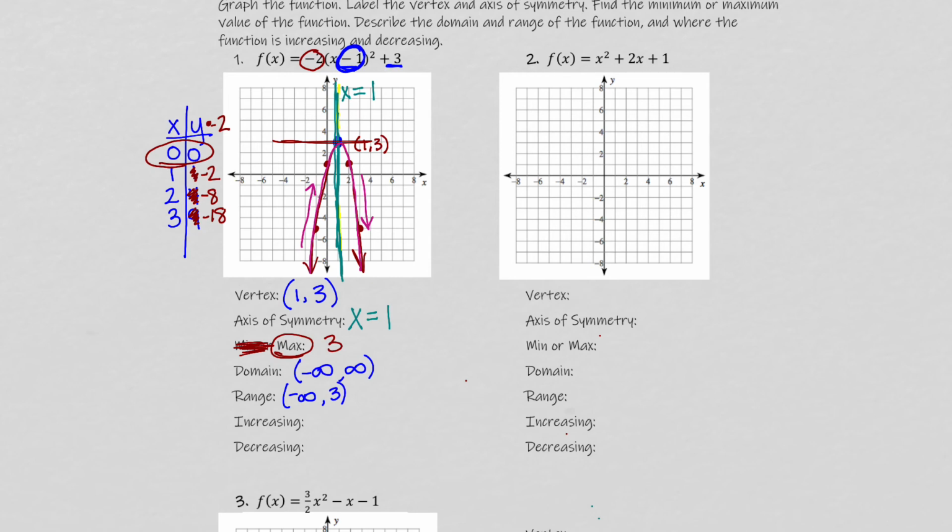My intervals of increasing and decreasing are, where is that happening? Increasing is going up, so this would be increasing. Decreasing is where it goes down, so that is decreasing.